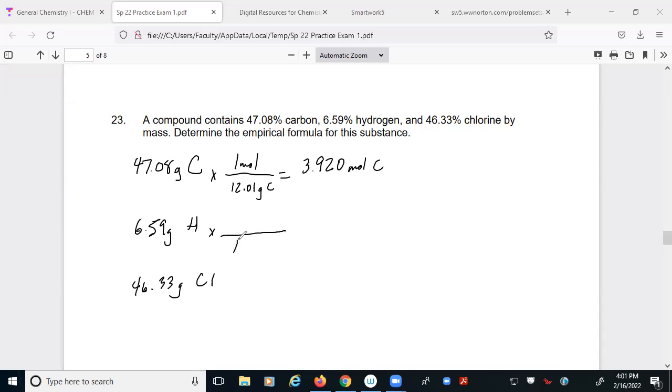Hydrogen, 1.01 grams per mole. 6.59 divided by 1.01 gives us 6.52 moles of hydrogen.